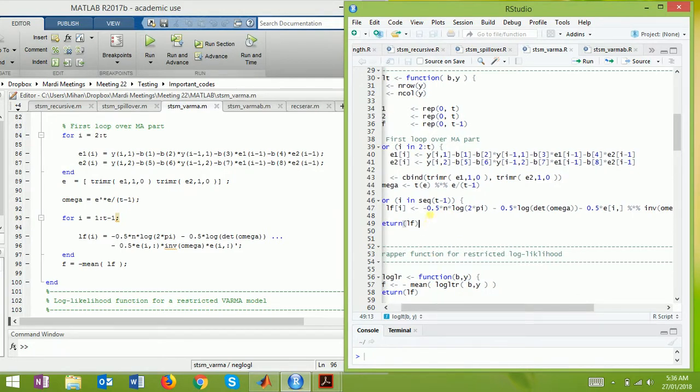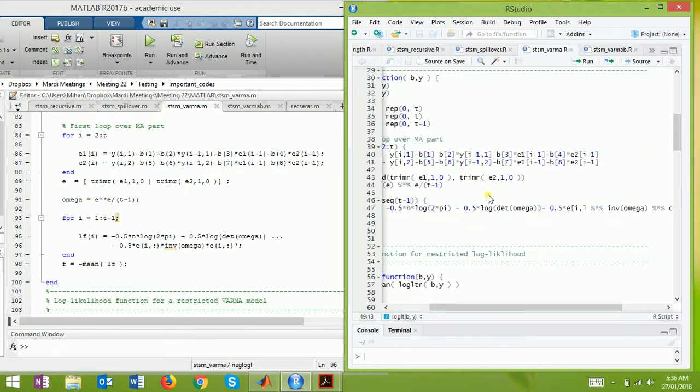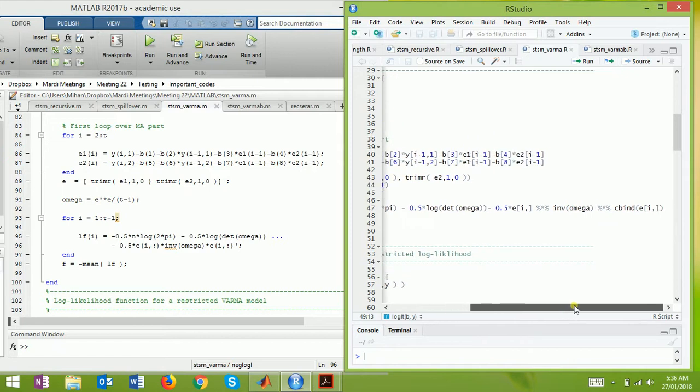So the log likelihood function is half log twice pi, then half log determinant of omega. Then now we have the tricky part, half E i for all i rows, all columns, multiplied by matrix multiplication inverse of omega.